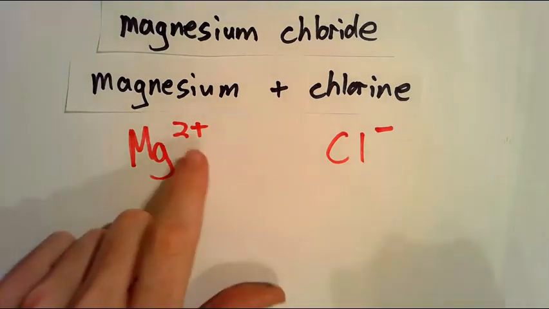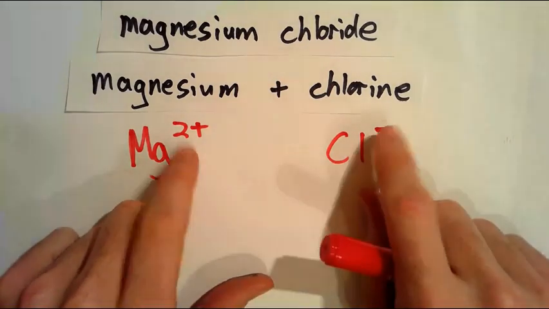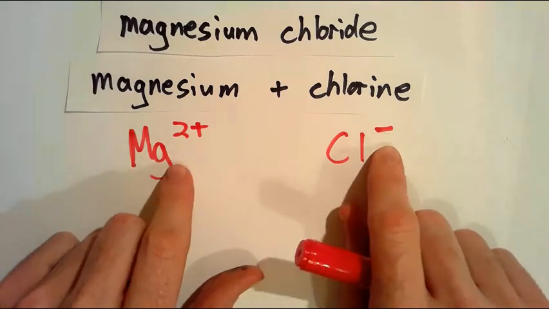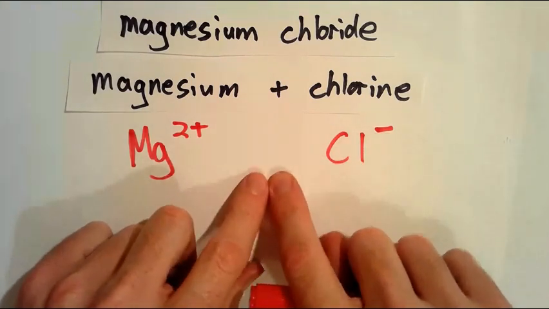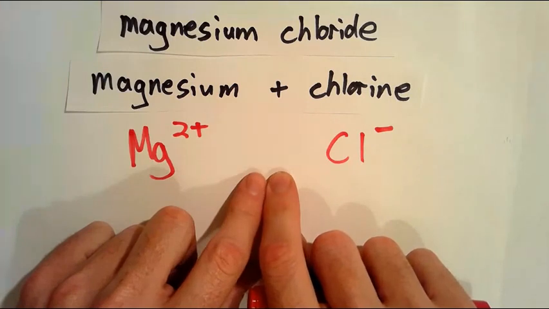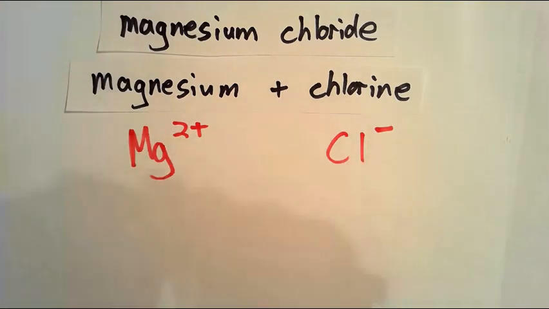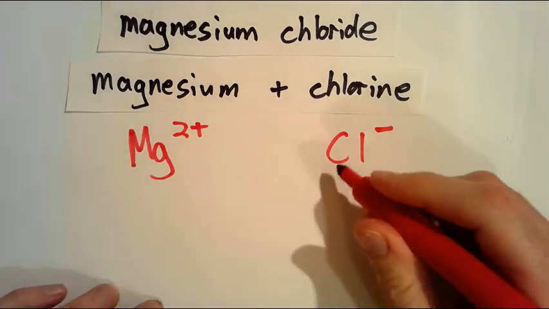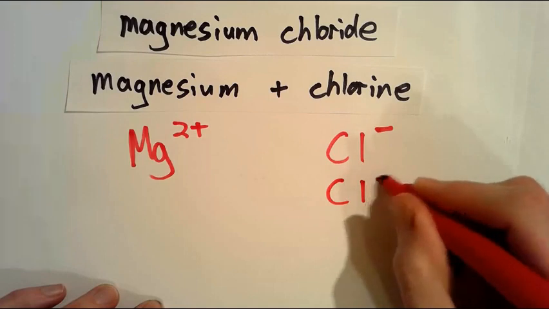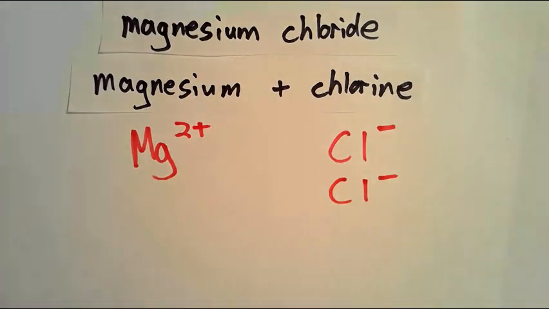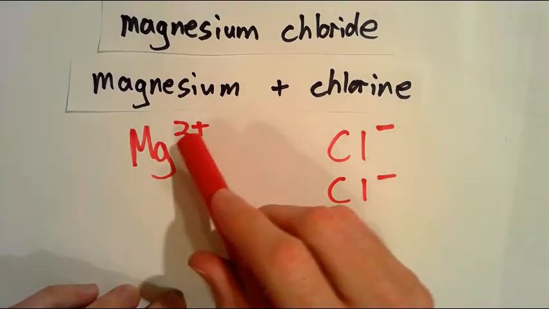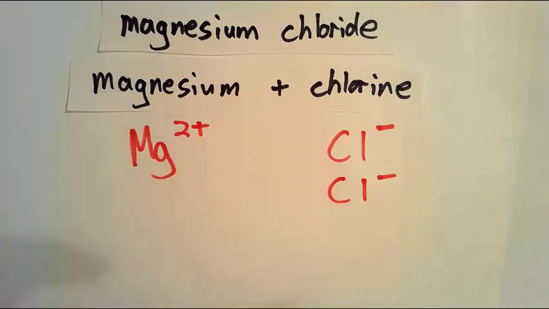Okay, so then we have a +2 charge and a -1 charge. So if we add these two together, we will not get a net charge of 0. +2 plus -1 doesn't equal 0. So we're actually going to need 2 chlorines for this to work out. I need 2 negative charges to balance out my 2 positive charges.